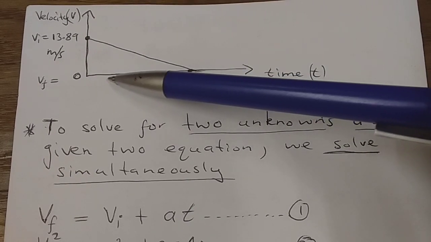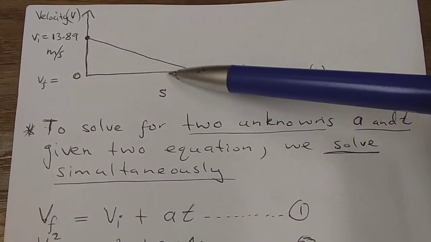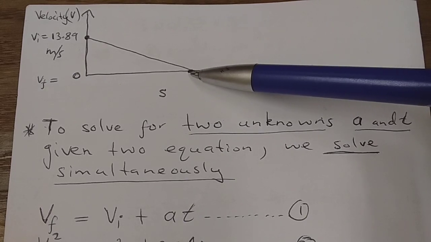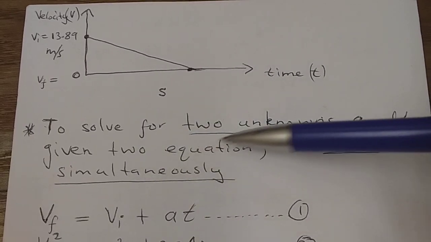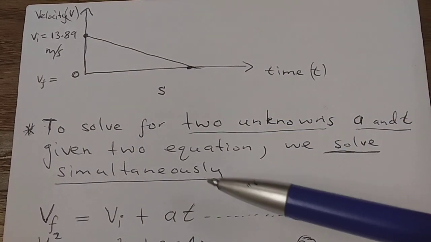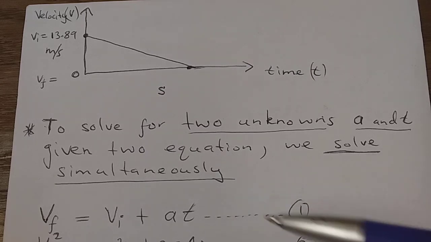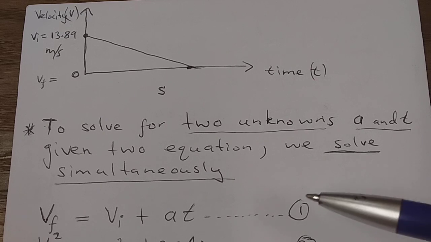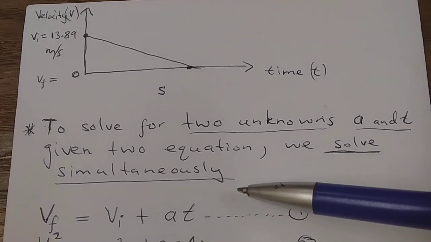So when this car stopped after some time, the velocity is 0. To solve the two unknowns, given two equations, we solve simultaneously like I've explained before.